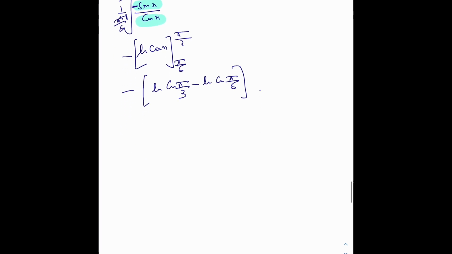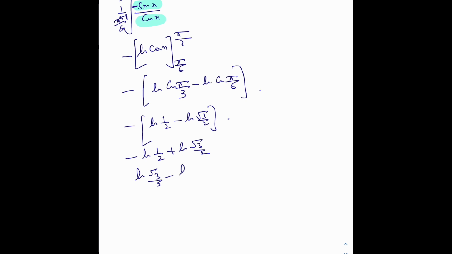Okay, let's solve the bracket. Cos of pi by 3 is half, so ln half, minus, cos of pi by 6 is root 3 upon 2. So I can write minus ln half plus ln root 3 upon 2. I'm writing ln root 3 upon 2 first because it's positive, minus ln half.